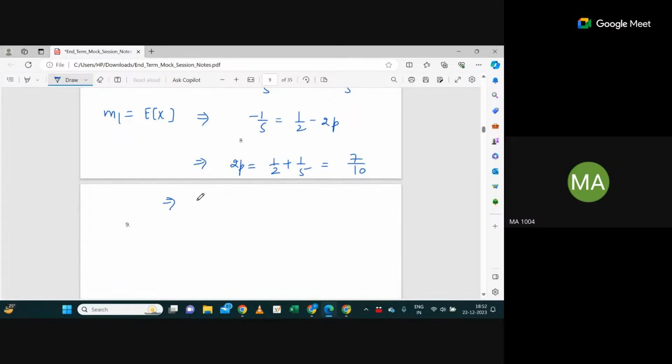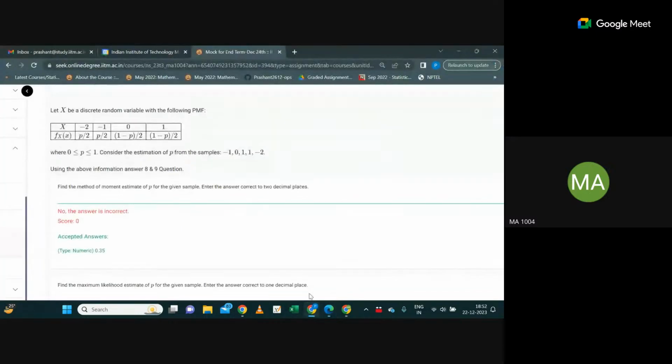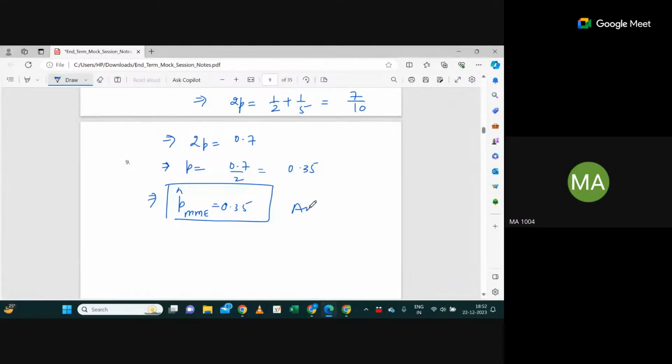So 2p is equal to 0.7, and p equals 0.7 by 2, which is 0.35. So we got the estimate of p with the method of moments estimator, which is 0.35. It should be the answer. Yeah, 0.35 is the answer. Is this clear?